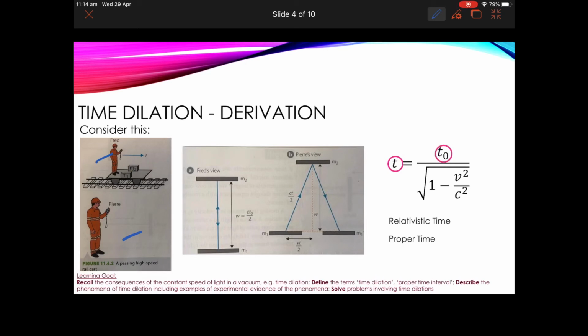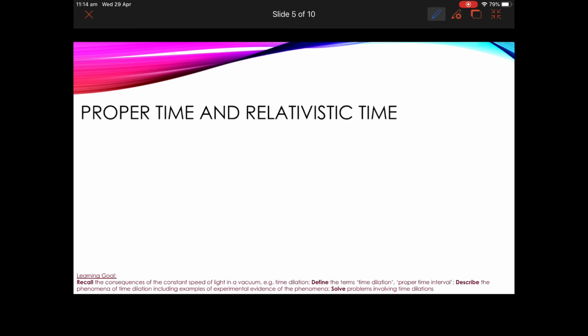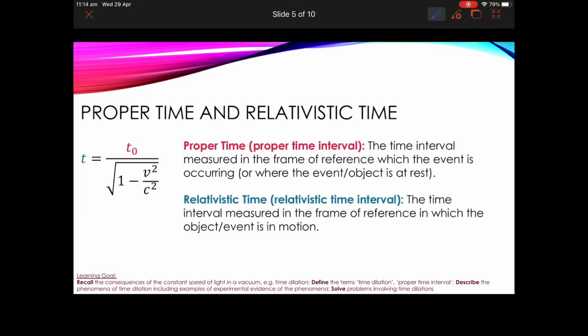Where T naught, the time that Fred is measuring, is proper time because Fred is in the reference frame of the event. So let's define those variables a bit more specifically.